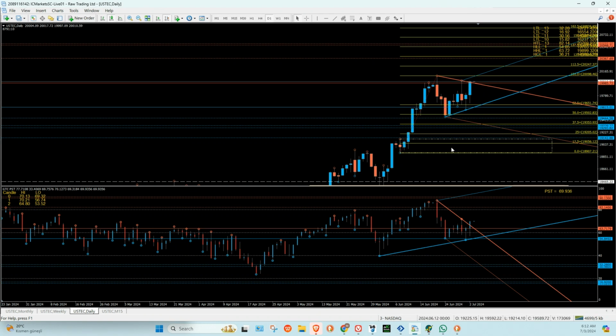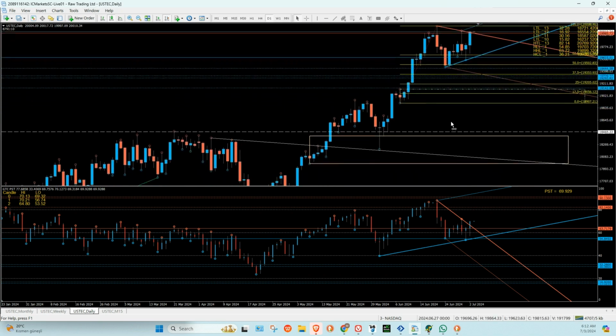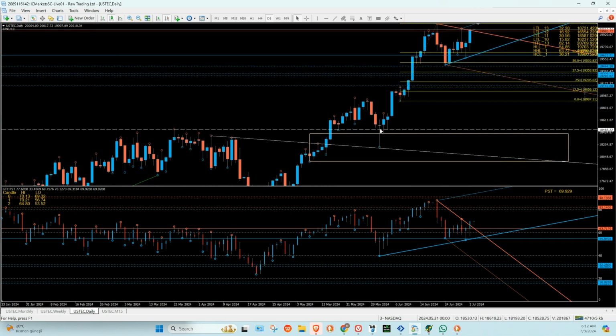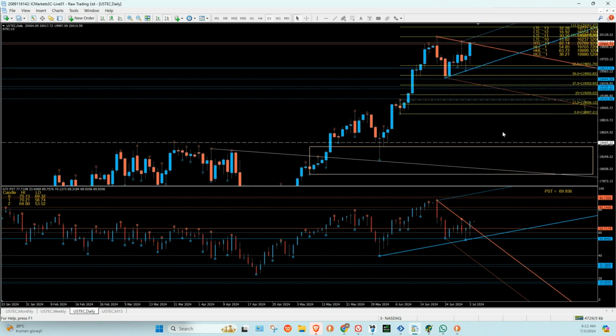If it had broken down, this is where we want to come to in order to do some decent buying, and in my opinion, sooner or later it will have to get down there, even into this zone here where the big wick is and this level. So sooner or later, one way or another, we're going to get there. We'll see how that pans out.